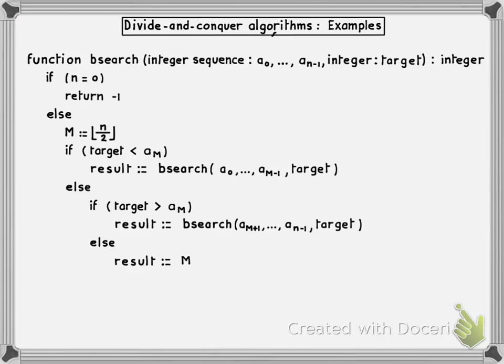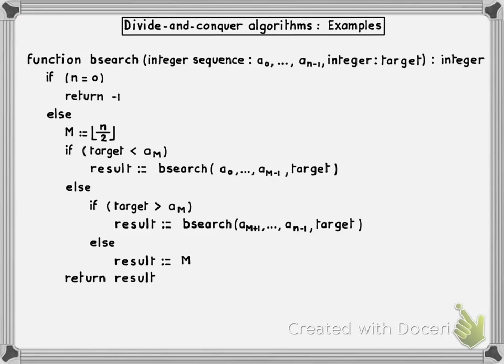And at the end of this body of instructions, we're guaranteed to have the correct result in this variable, and we can just return it. So this is a recursive version of the binary search algorithm. Make sure you're comfortable with it before we move on and discuss how it fits the divide and conquer strategy.